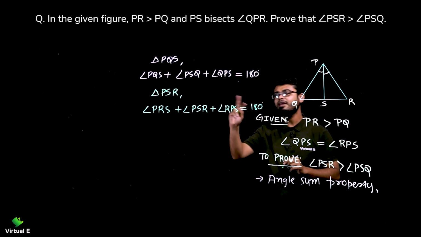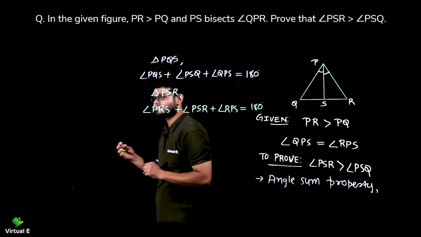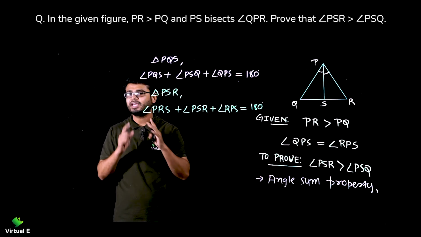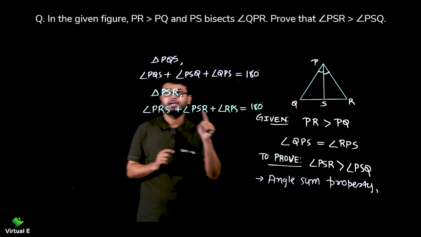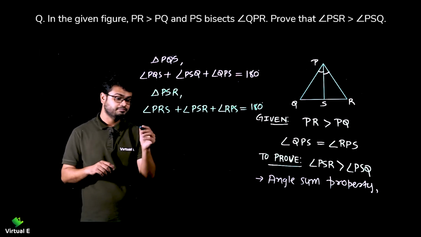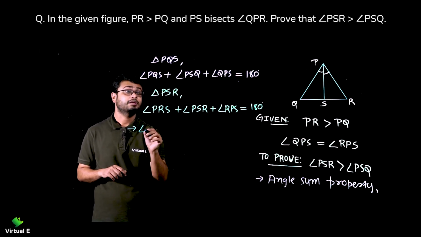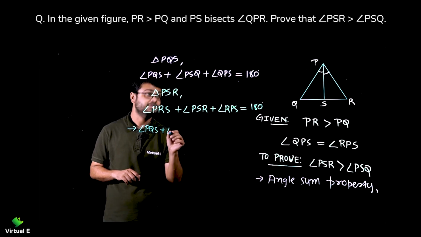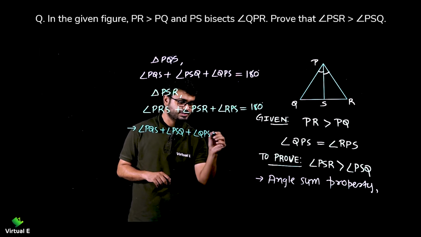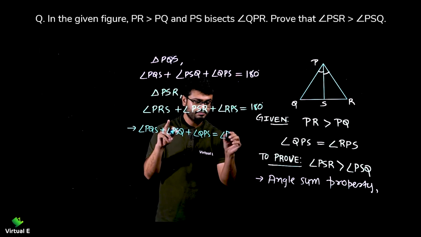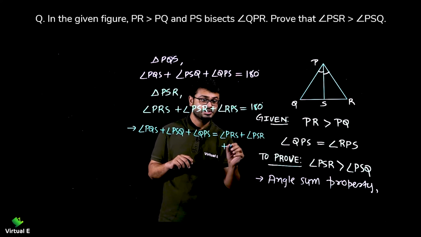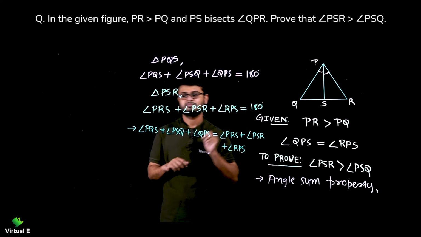Now if we equate both of them, since their values are equal, we get angle PQS plus angle PSQ plus angle QPS is equal to angle PRS plus angle PSR plus angle RPS.